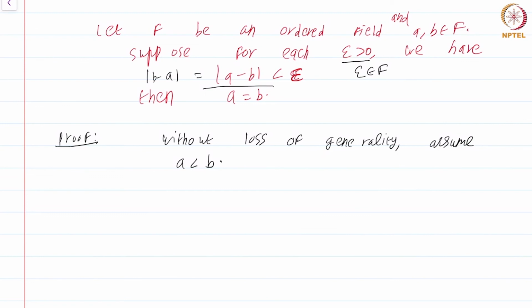So there is no distinguished role for a or b. So if I can prove the case a less than b, then I'm done for the case b less than a also. So I'm going to assume that a less than b and reach a contradiction. That means if I assume b less than a, I will also get a contradiction, which leaves the only possibility that a has got to be equal to b.